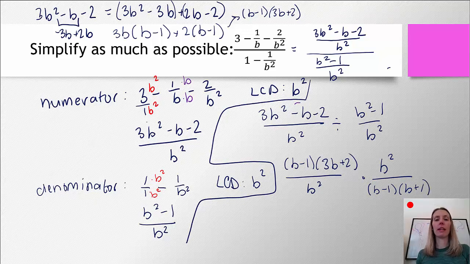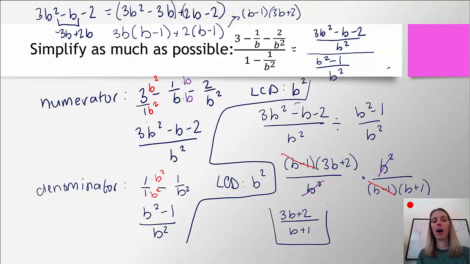Now we're ready to look for the common factors. It's written as multiplication, everything's one term, we're good to go. Oh look, the b squareds will cancel, fabulous. And we have a factor of b minus 1 in both the numerator and denominator, leaving behind our final quotient of 3b plus 2 divided by b plus 1.